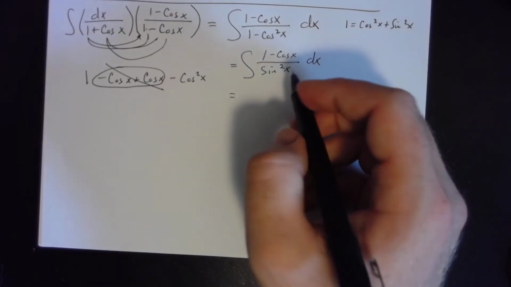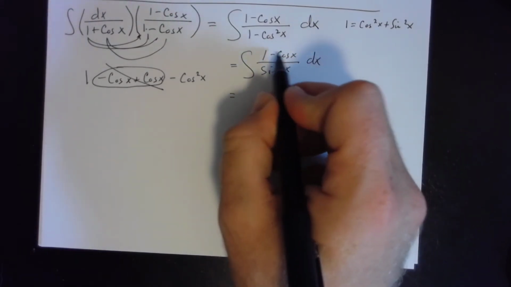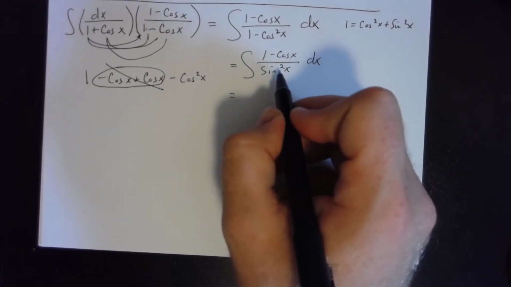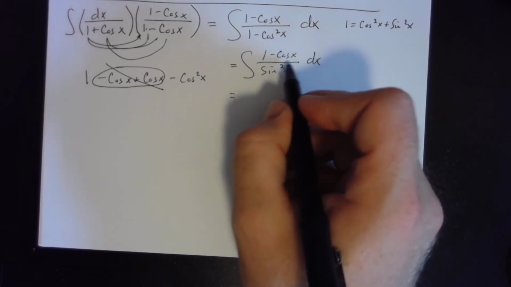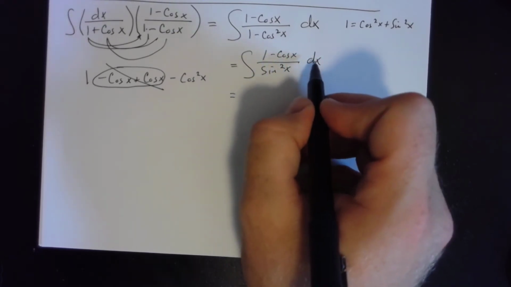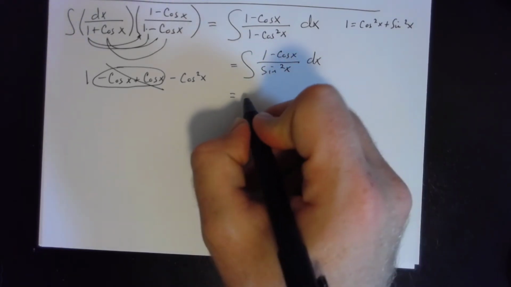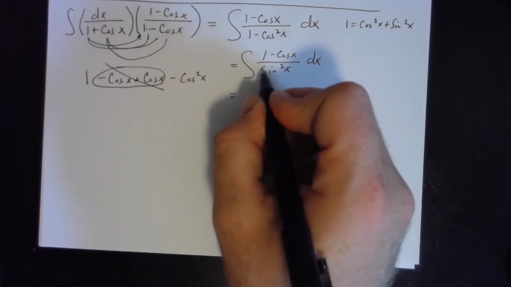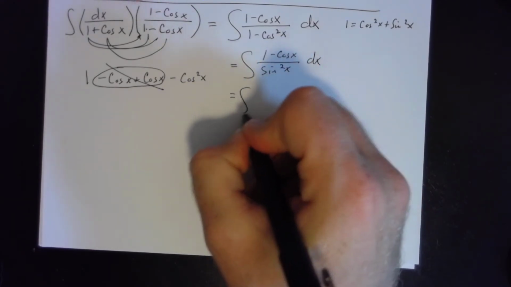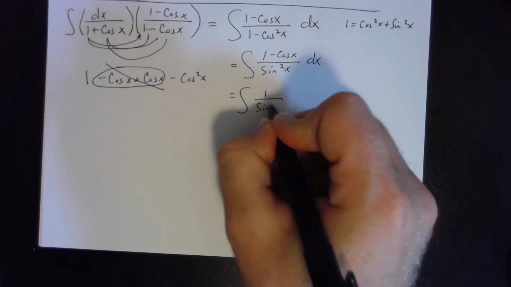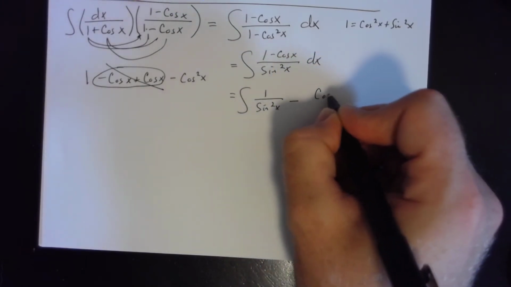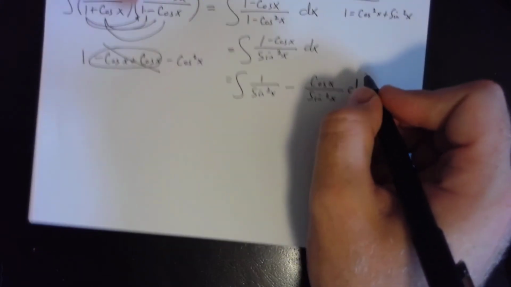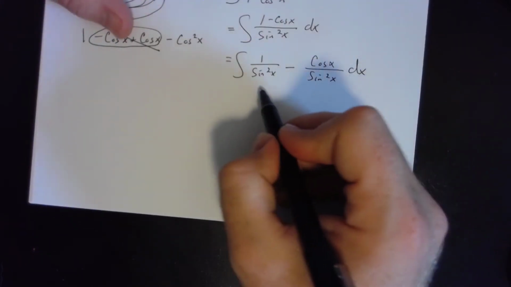If we can't go from here with a u sub, since letting u equal the denominator doesn't work efficiently, and letting it equal the top means we can't have anything group up with that dx, my next step is to treat this as a rational function with a single-termed denominator. So this gives me the integral of 1 over sine squared x minus the cosine of x over sine squared x dx. I'm going to treat this as two separate integrals.